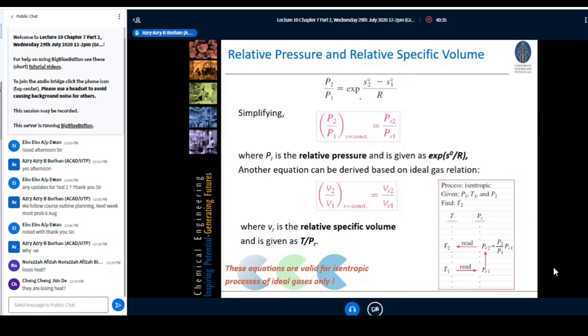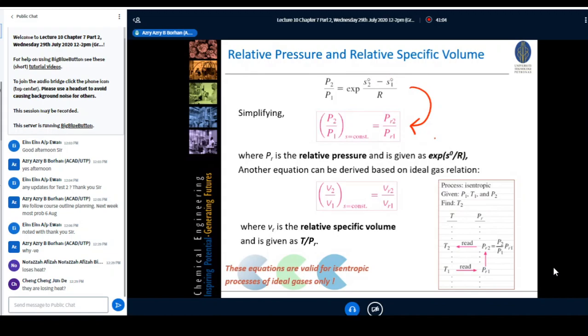When you break this down and simplify, you will end up with this particular relation: P2 over P1 at constant s, representing isentropic, is equivalent to Pr2 over Pr1, where Pr is the relative pressure, given as the exponential of s° over R, which we have simplified from the above equation over here.